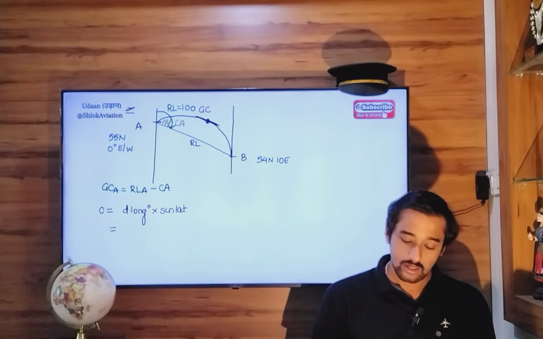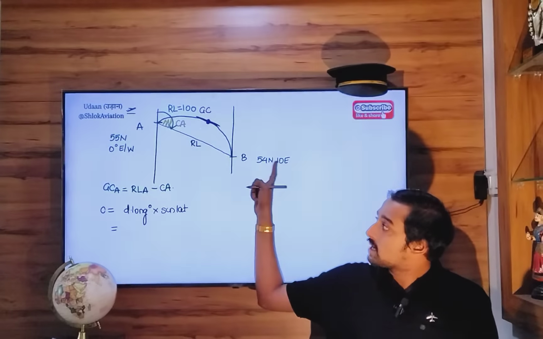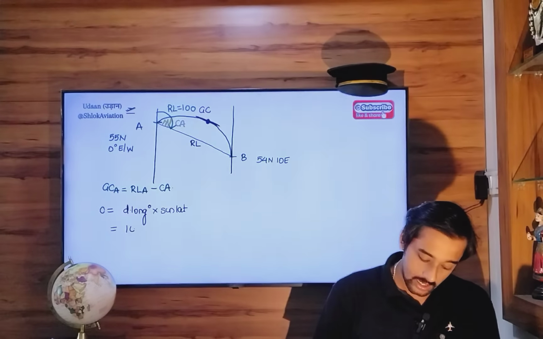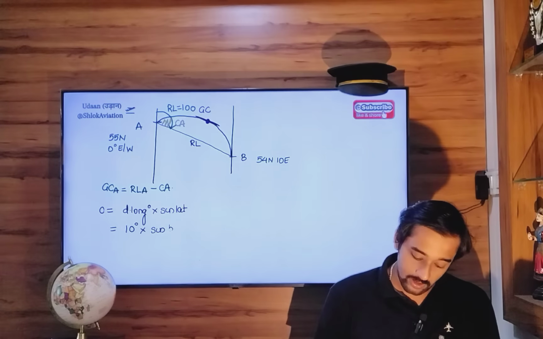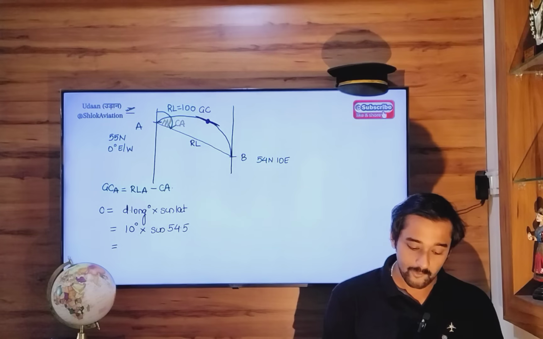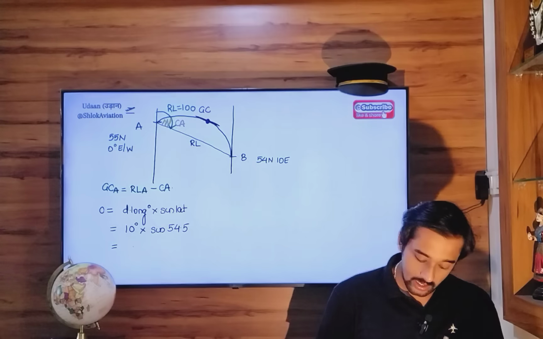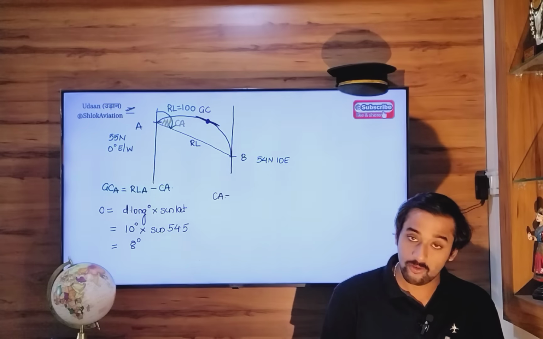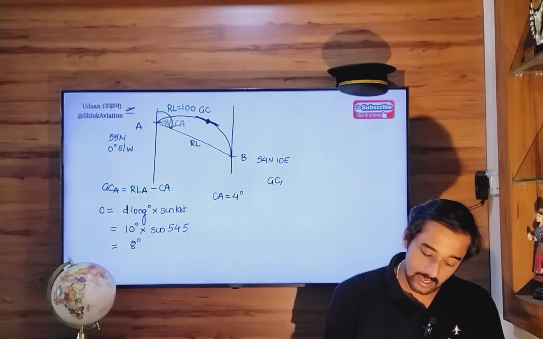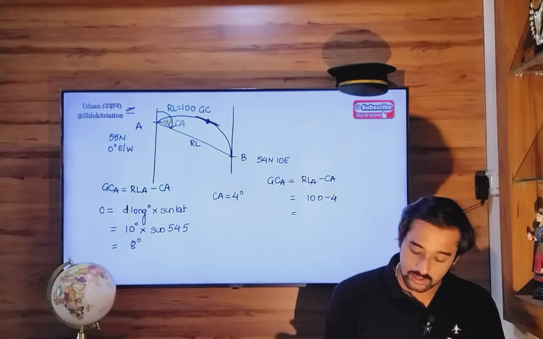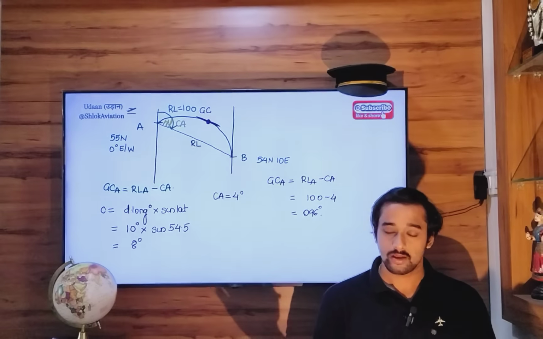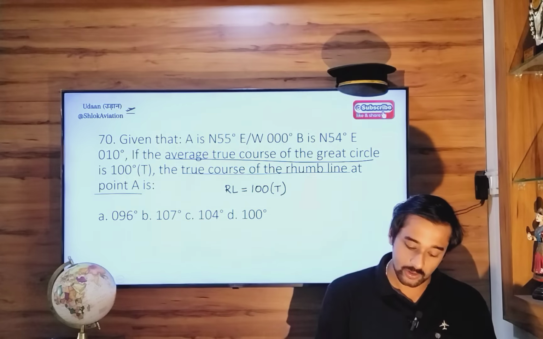D long is the difference between the longitudes, 10 degree and 0 degree, which is 10 degree. Latitude 55 and 54, the mean latitude is 54.5. So sine of 54.5 into 10 is 8 degree. So convergency angle will be 4 degree. So great circle at A will be rhumb line at A minus convergency angle. So 100 minus 4, which is 096 degree. Okay, it was not asked, but still I have shown you how to do it.